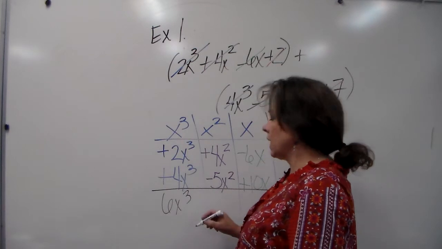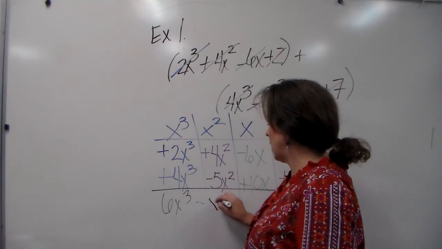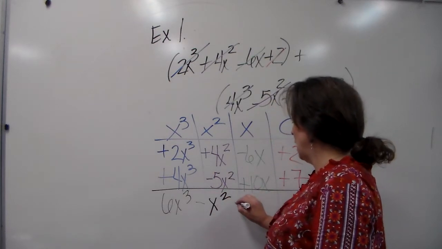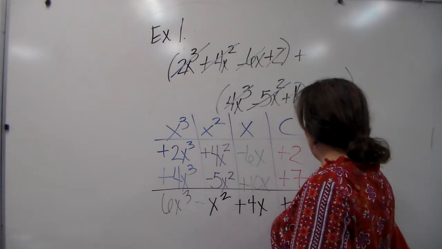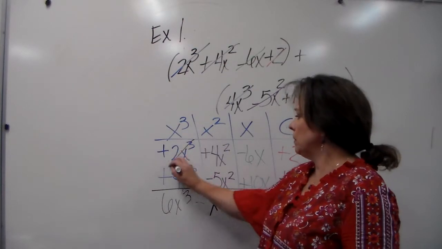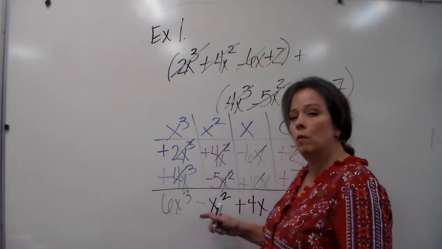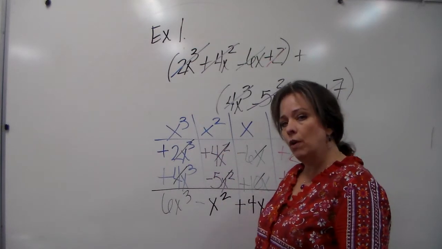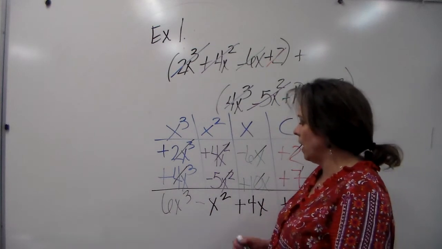And when we combine our x squared terms, a positive 4 and a negative 5, we'll get a negative x squared. And here we'll get a positive 4x and a positive 9. We're just combining each column. And sometimes it's a good idea to eliminate your terms here as you combine them, right? So make sure you do a lot of practice combining like terms. This is a very important skill, all right?